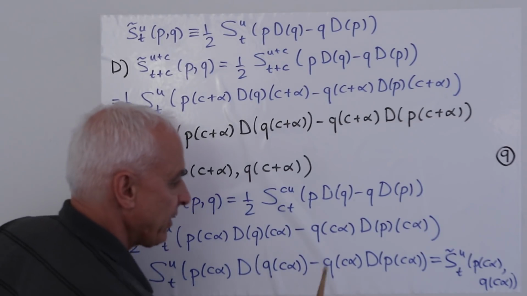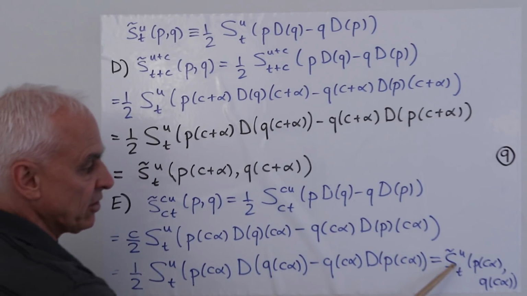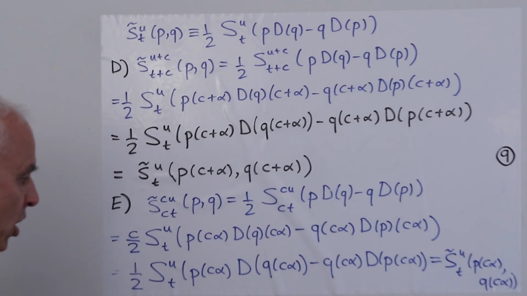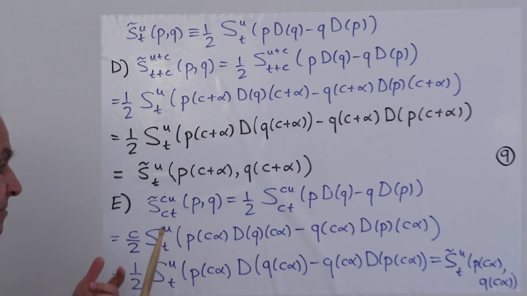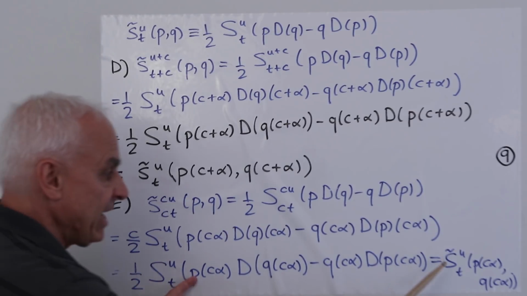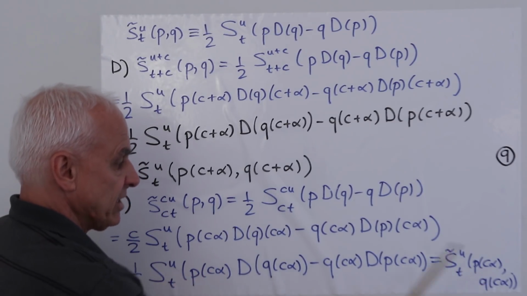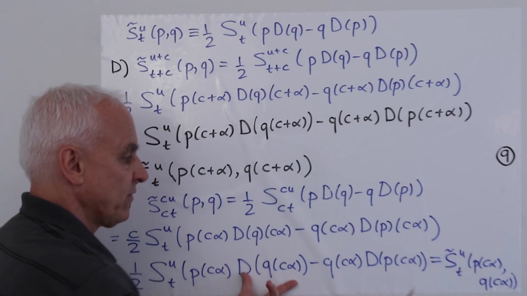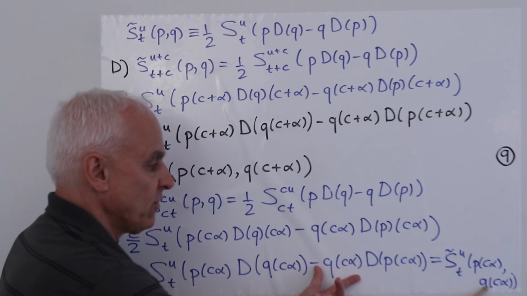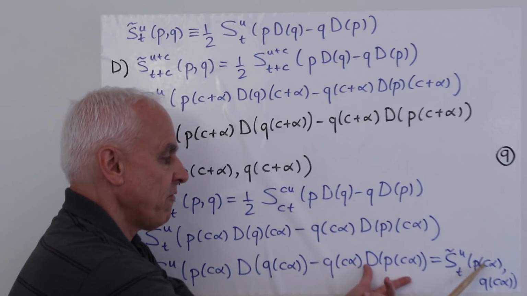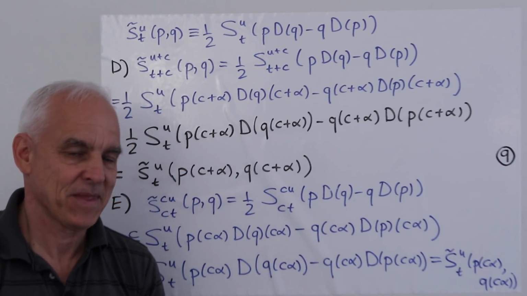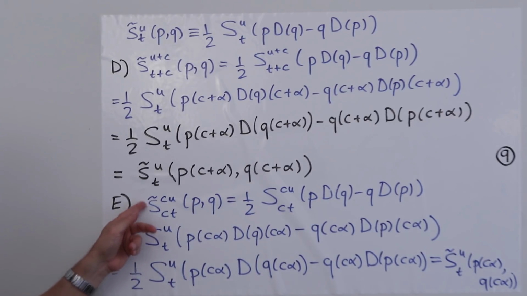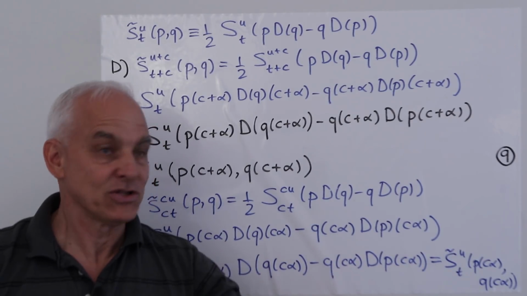And when we get to that, we see that what we really have is S tilde from T to U of the new polynomials P C alpha and Q C alpha. Because there's P of C alpha, and there's the derivative of Q of C alpha, minus Q C alpha times the derivative of P of C alpha. So we've established that the E property also works.